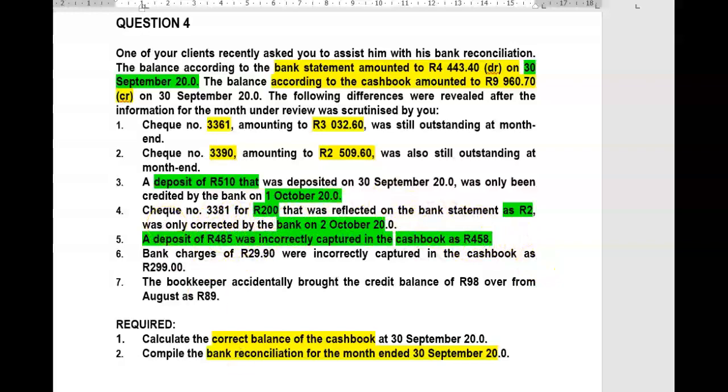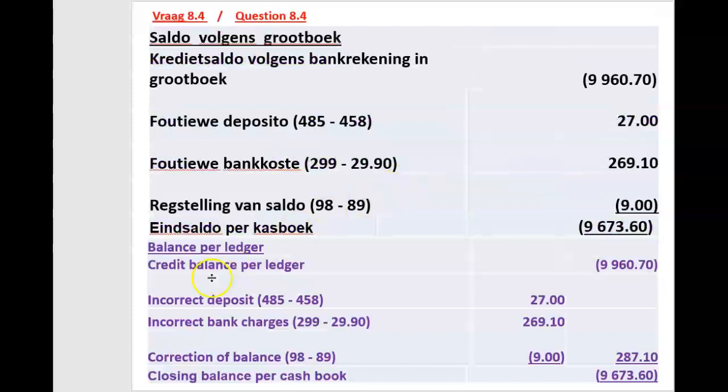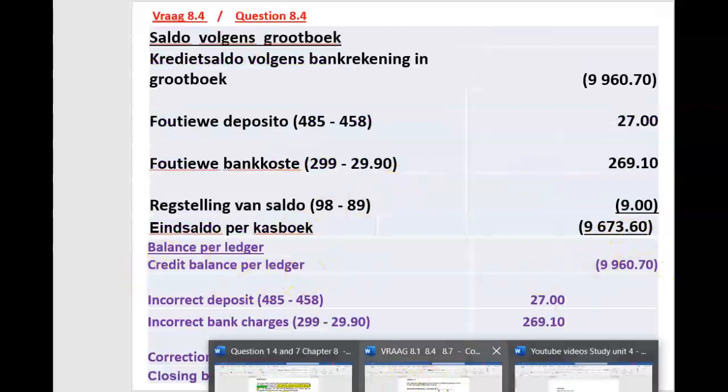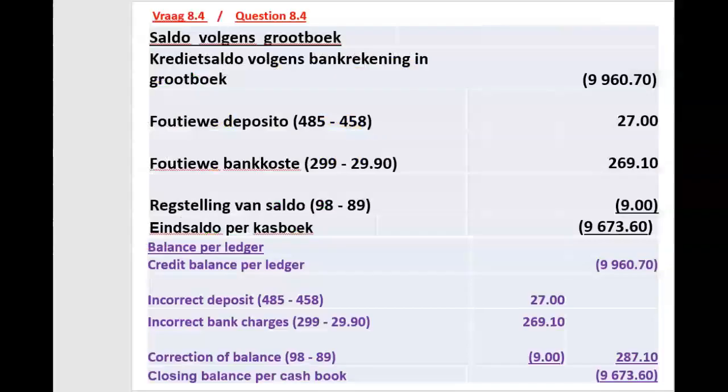If we go to our bank account, your credit balance as per the ledger is 996,070, and they told you it was a credit balance. So you're going to start off with that 996,070 balance as per the ledger. Now, that incorrect deposit is going to have a positive impact, so I'm going to add it back. It's 27 Rand, that's 485 less the 458.